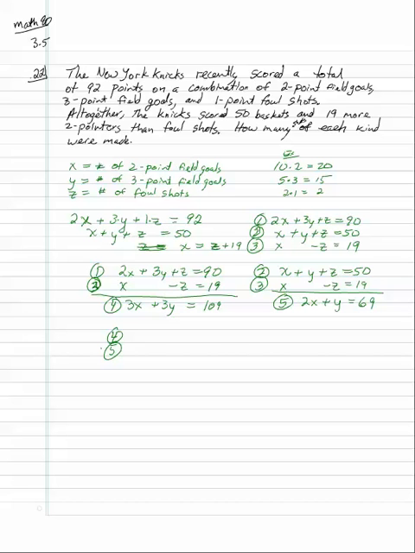So take equation 5 times negative 3. 69 times negative 3 is negative 207. And equation 4, leave it alone. So we get negative 3x equals negative 98.